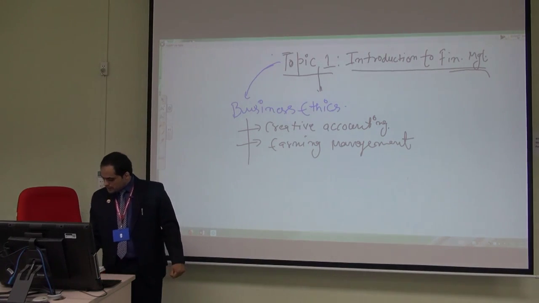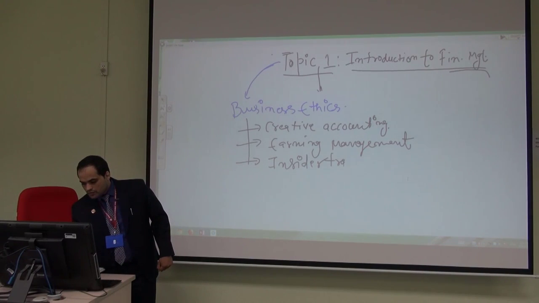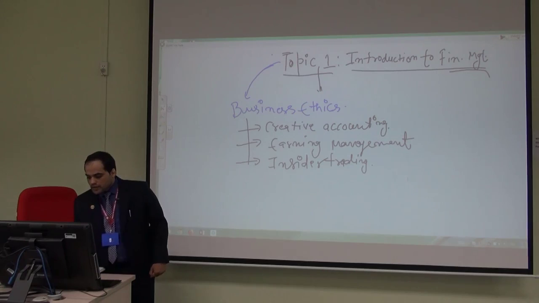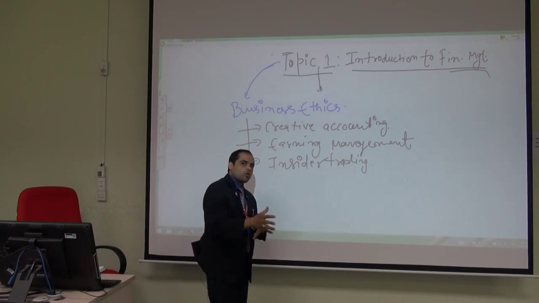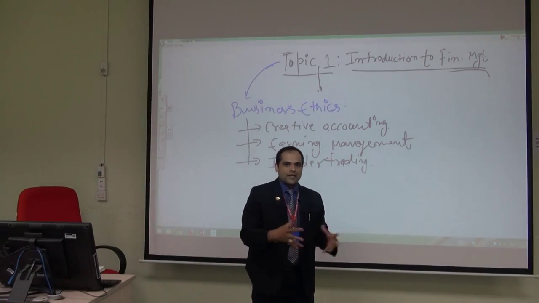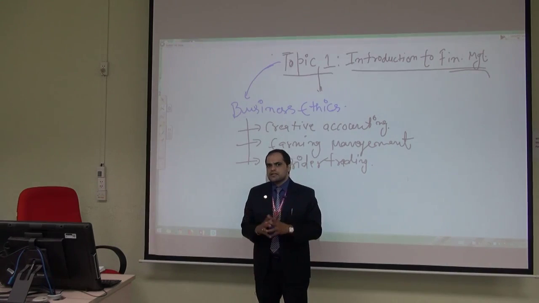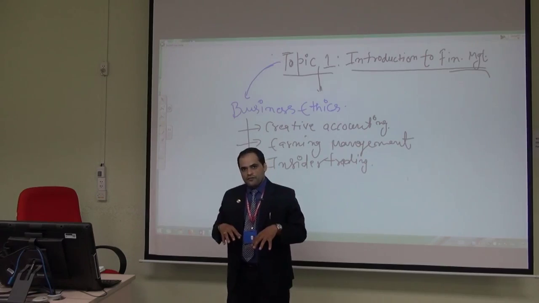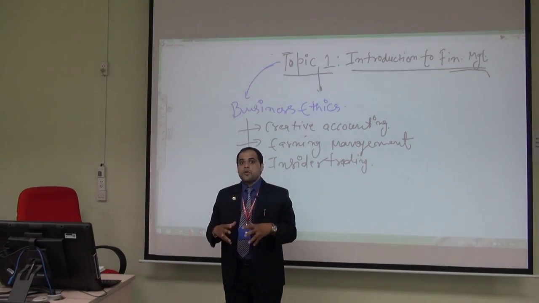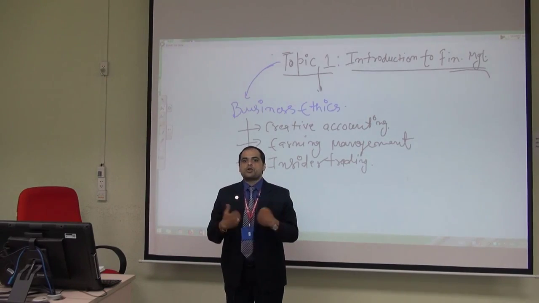Next one is insider trading. According to the Securities and Exchange Commission, which basically controls all the listed companies in the US, insider trading is illegal. So what does insider trading mean? Whatever information a company has, it is supposed to deliver that information to the market without using it first.